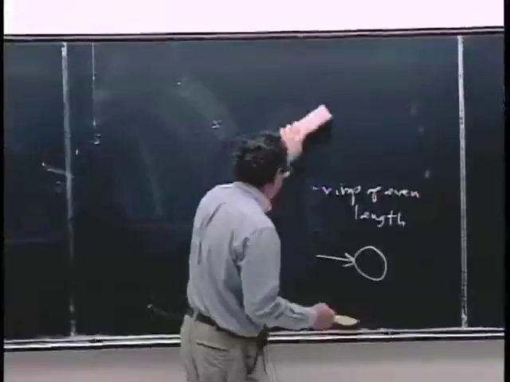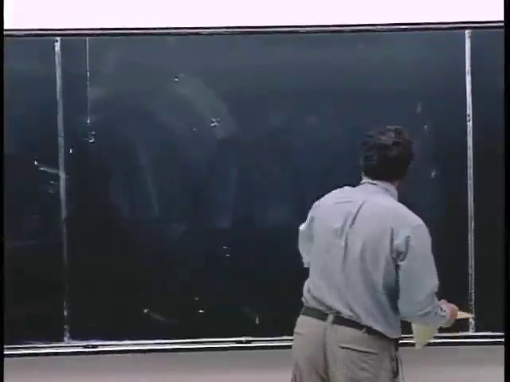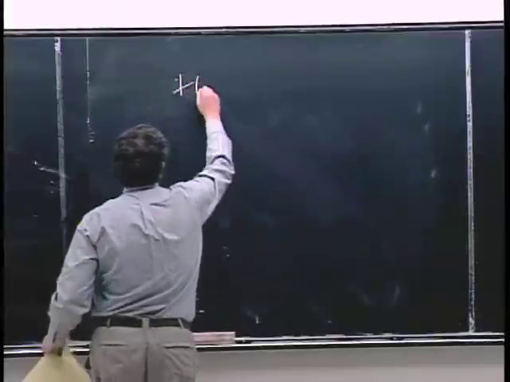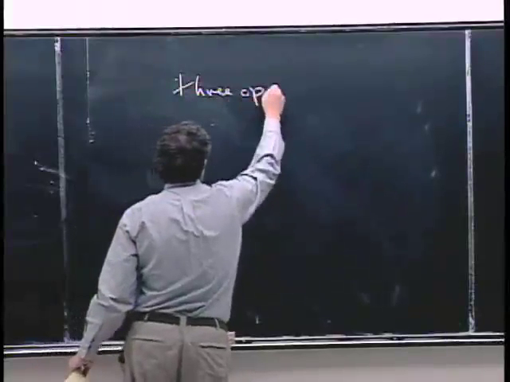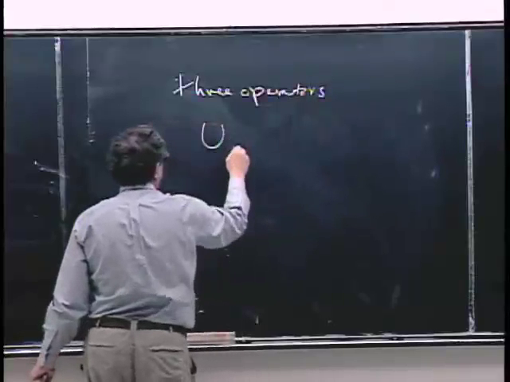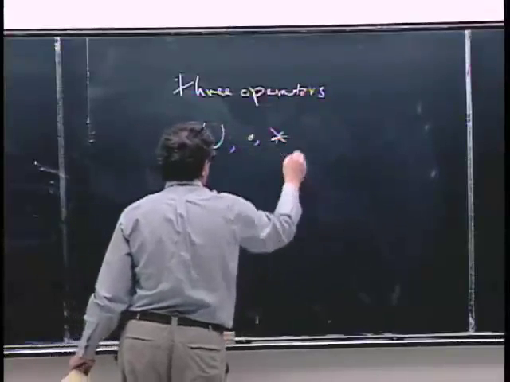We have three operators in regular expressions, right? Namely, we have union, we have concatenation, and we have star.